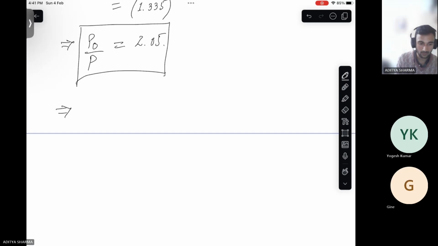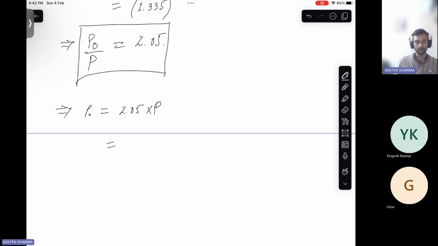So P naught equals 2.05 into P. What is the static pressure here? I think 1 bar. It was given in the question.